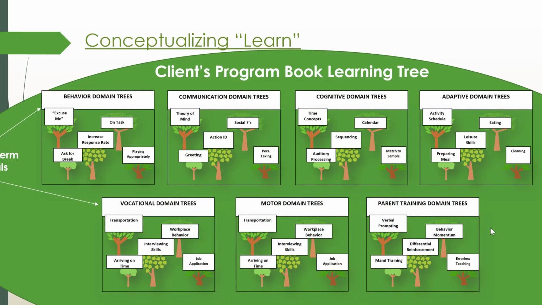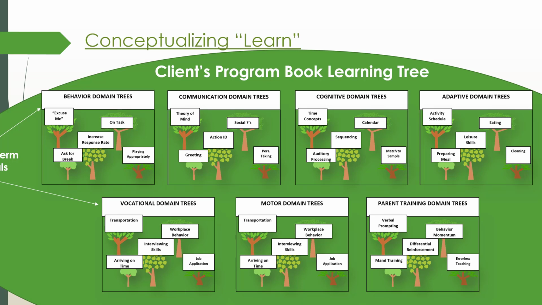Typically with a paper and pencil program binder, we're going to have just the program level. We'll have a file, an increased responding rate divider, theory of mind, and the program graph, and then behind that we will also have the individualized program description.